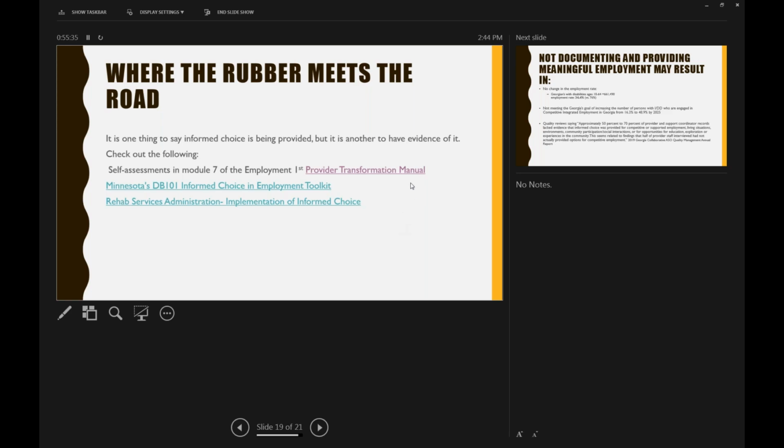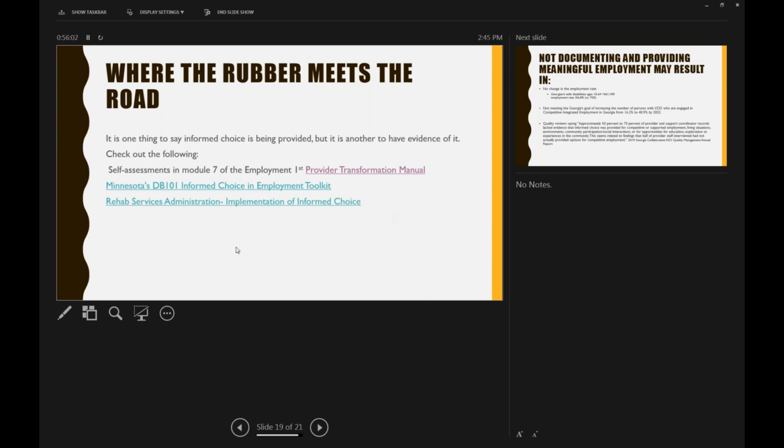Here on module 7, at this link, which you can find here as well as in the handout I've attached to the presentation, it shows examples of questions you can ask to help ensure that you are collecting the documentation that is evidence of informed choice and that you are providing it.